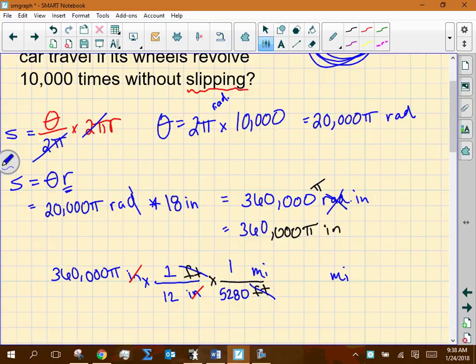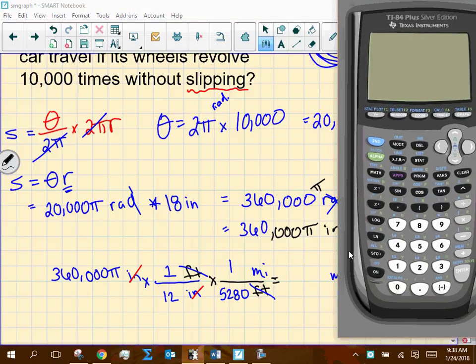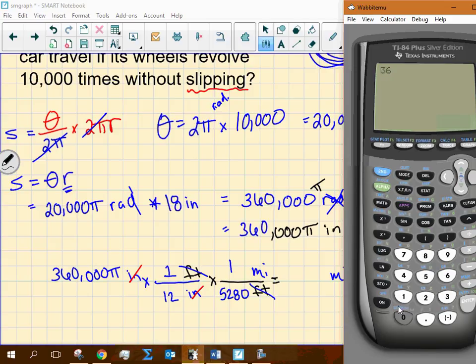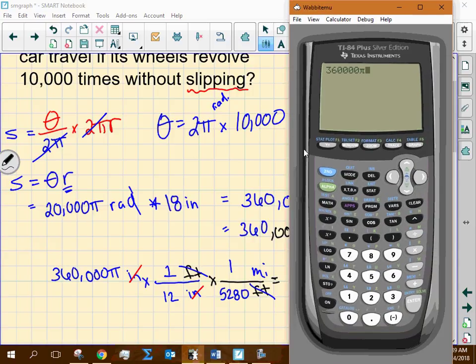So when I type this into my calculator, the only thing you got to pay attention to with this stuff, guys, if you're going to directly grab your calculator, which is absolutely nothing wrong with that, my numerator is just going to be that number right there, right? So when I type in that number, make sure I put my pi in there. That's one place where people make mistakes. But now if I divide that by 12, and then 12 is getting multiplied by 5280, right?